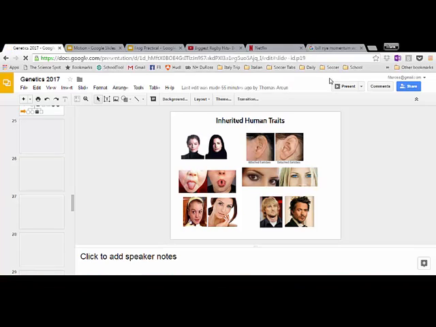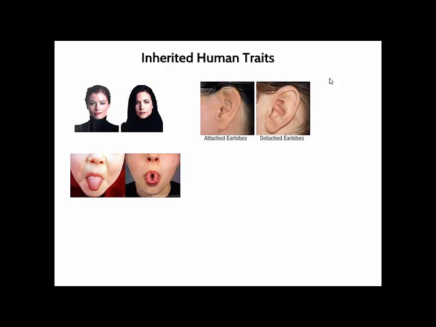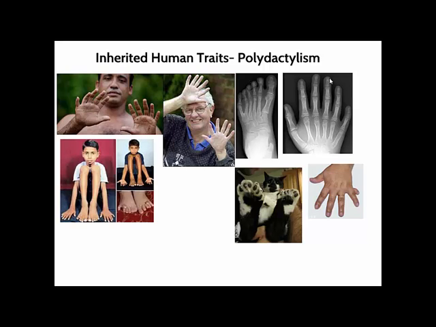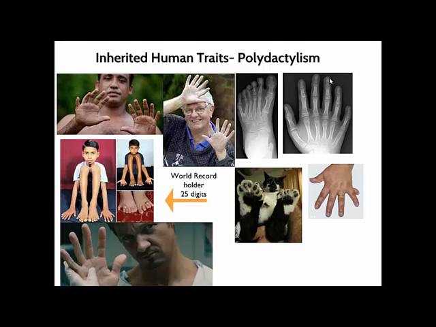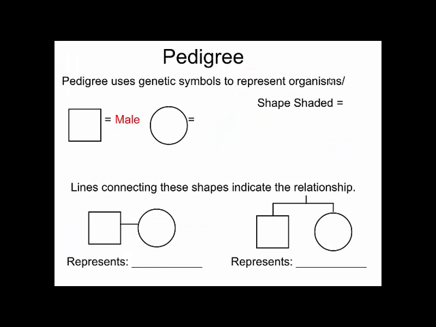So if you guys turn to your notes, pedigrees use genetic symbols to represent organisms. We use a square to represent males, a circle to represent females, and shaded shapes.